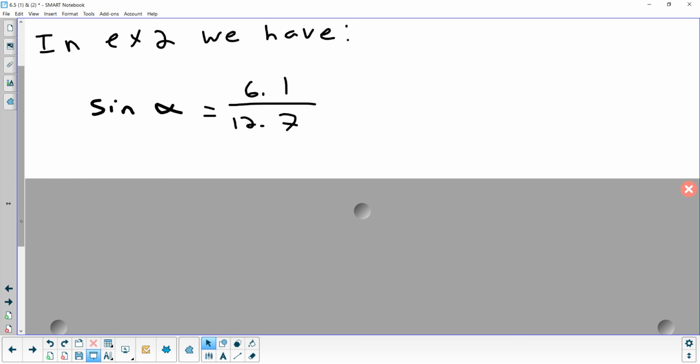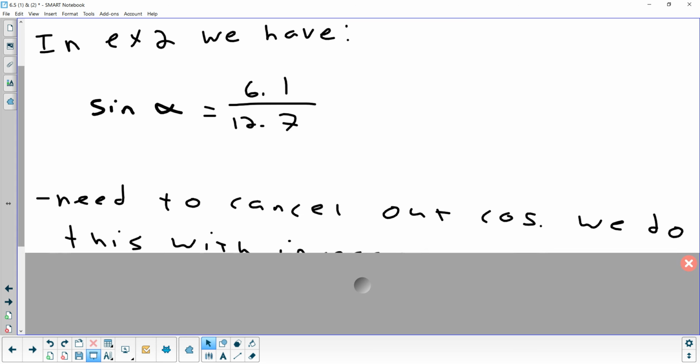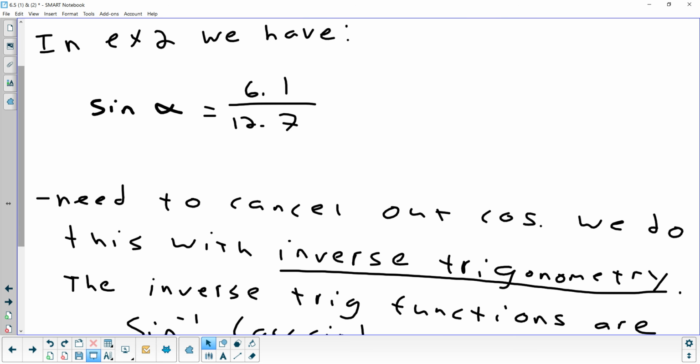Yeah? Is it the sine with the little negative one above it? Yeah, it has the sine with a -1, and that's called inverse sine. Just to cancel out, in this case, we have sine. We have to do that with inverse trig, specifically inverse sine.